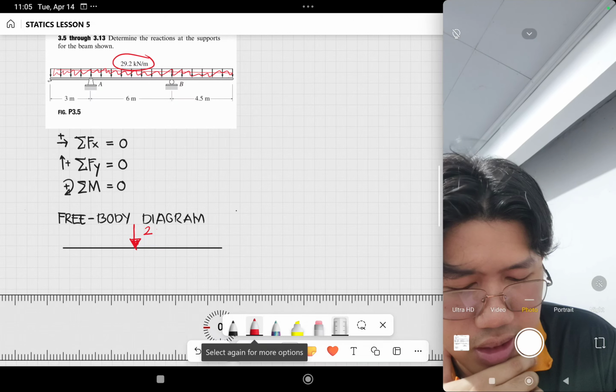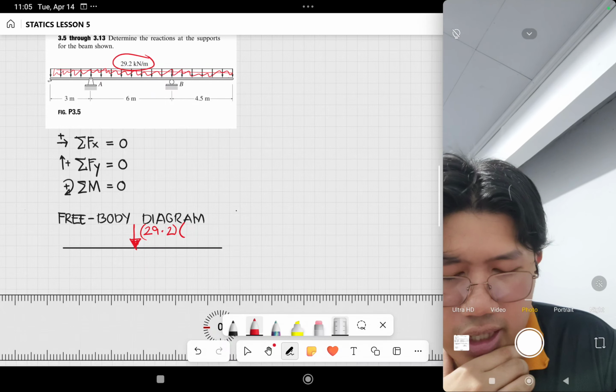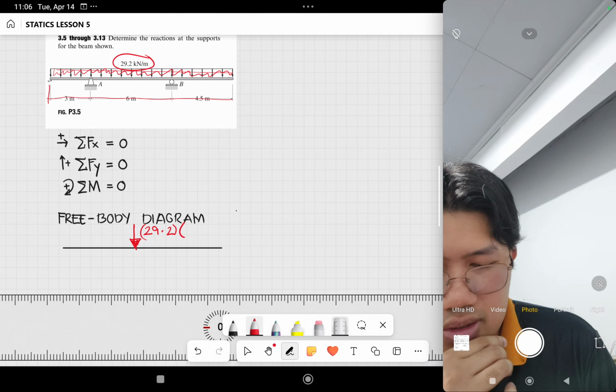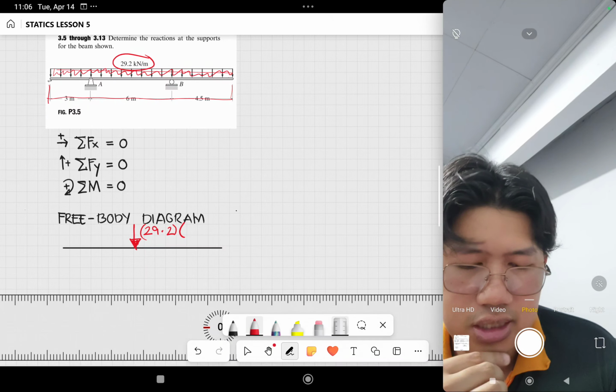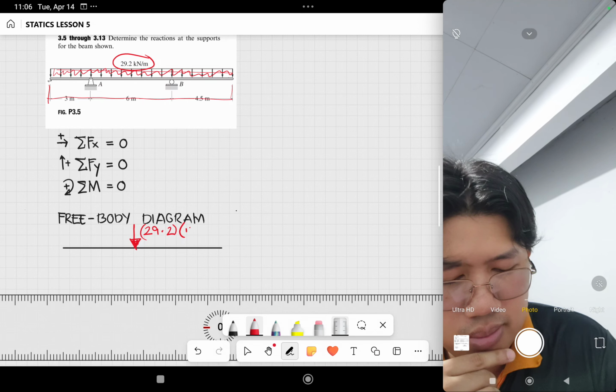So, that is 29.2, yung height ng rectangle. And then, yung length niya. So, nag-span siya from this point hanggang doon. So, that is 3 plus 6, that is 9. 9 plus 4.5, that is 13.5.